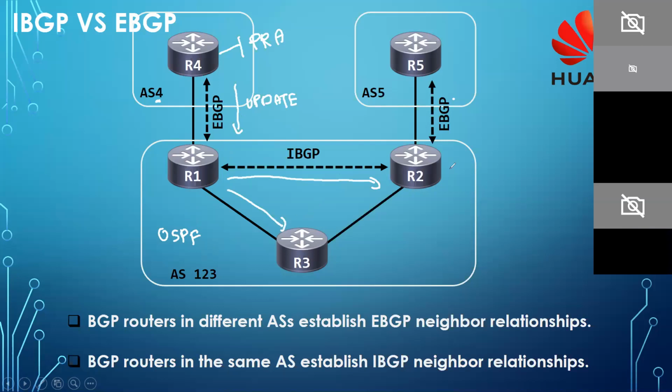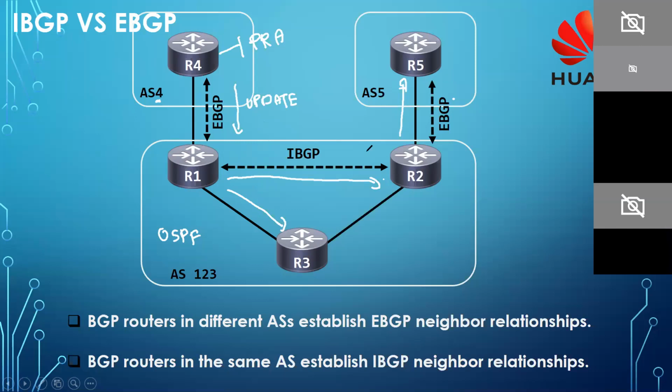And in R2, we will redistribute OSPF into BGP. But the problem here is that we will redistribute more than 1 million routes into OSPF because it's the internet routing table. So this is why we will not use this method.